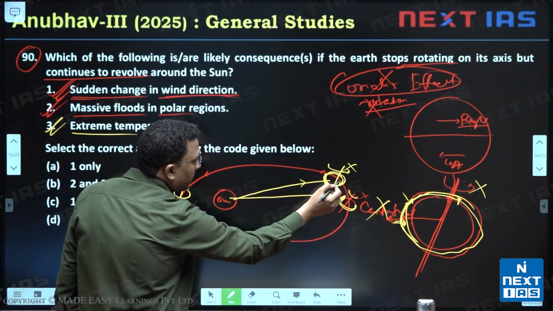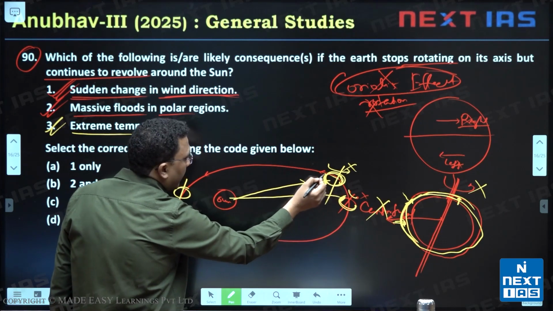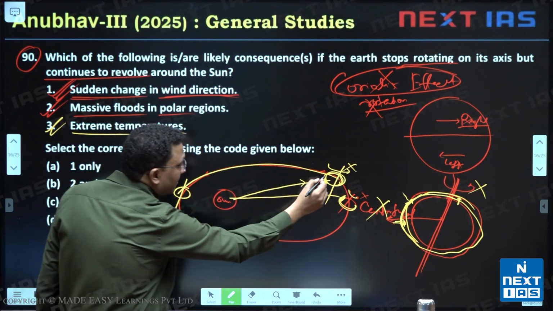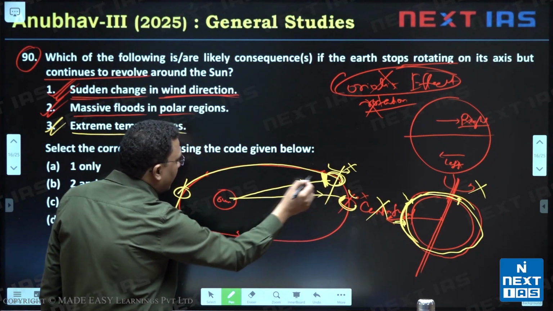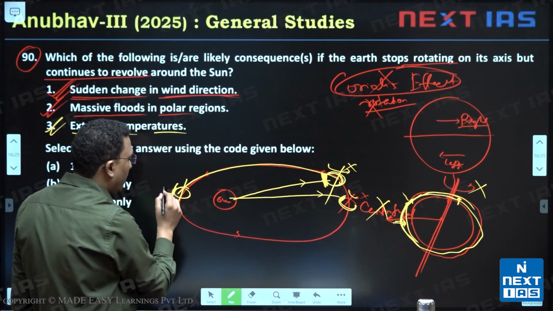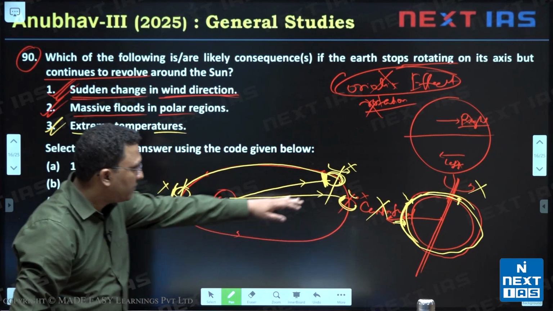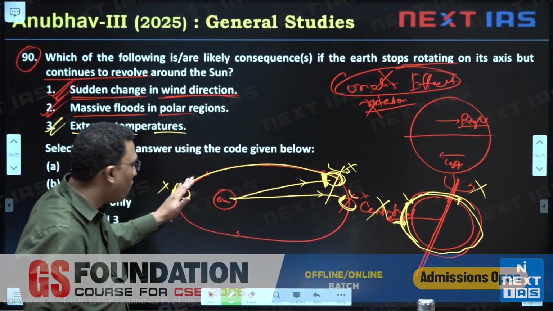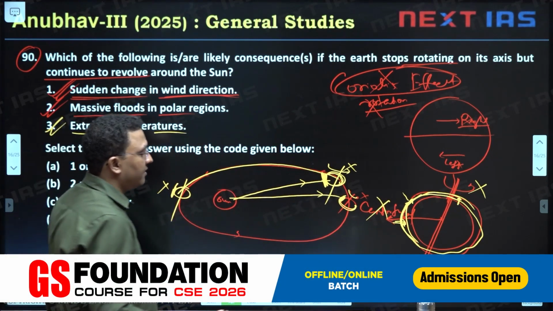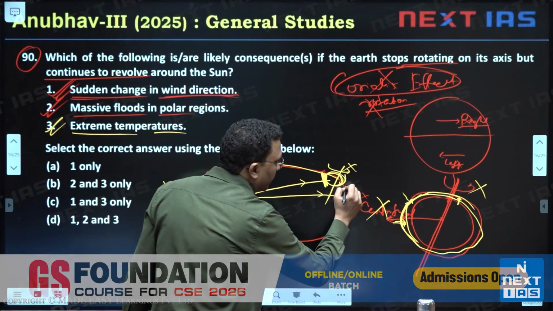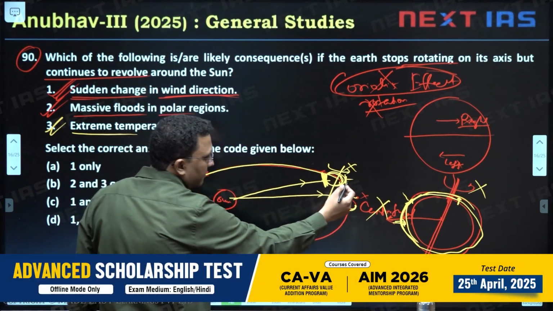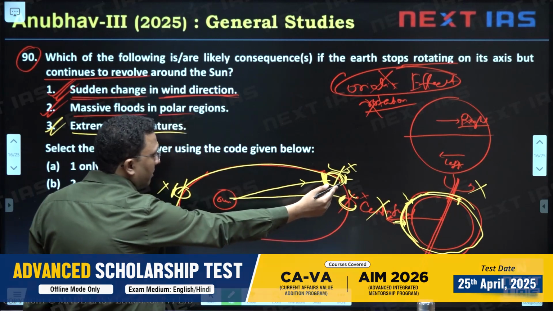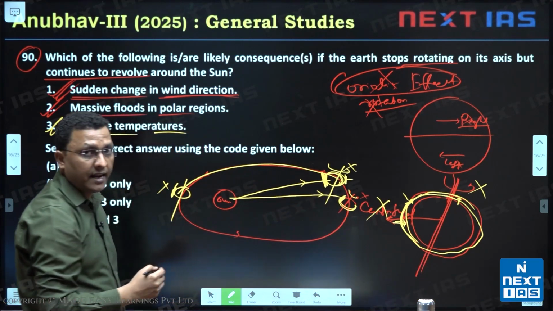So let's say earth revolves and reaches up to here, such that this side of the earth that is facing the sun actually goes this side. So now this is no longer facing. So this will keep facing the sun for a long period of time. On the other hand, the second side of earth, that is this one, that is away from the sun, will stay away from the sun for a long period of time, right?